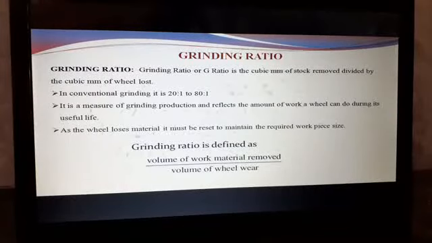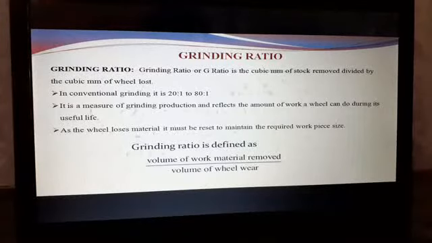Next one is grinding ratio. Simply, grinding ratio, also known as G ratio, is defined as the amount of material removed from the workpiece to the amount of material removed from the wheel. During the grinding operation, no doubt wheel wear will take place.